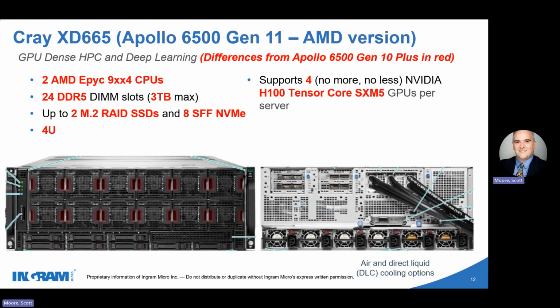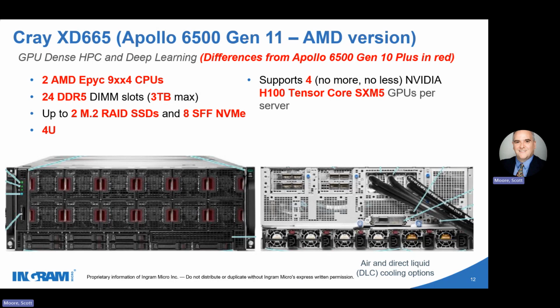The SXM5, again, is pretty much the high-speed interconnect between the GPUs. And if you're not familiar with SXM5, in a lot of mainstream servers, PCIe is the standard for connectivity, if I'm connecting peripherals to a server or even to a PC or workstation nowadays.